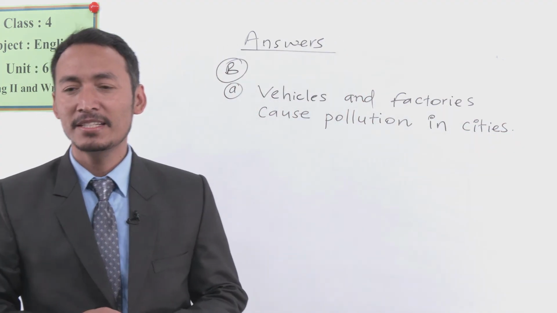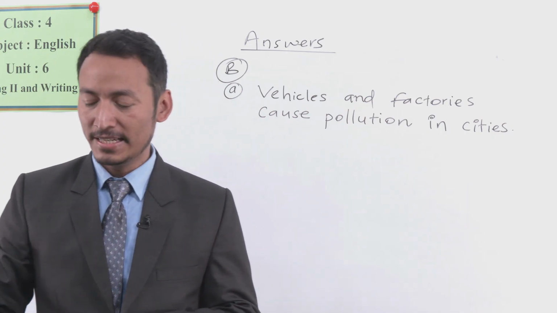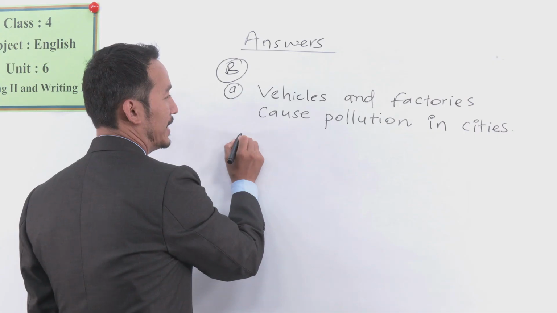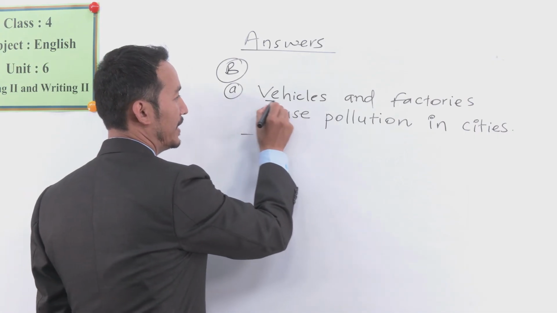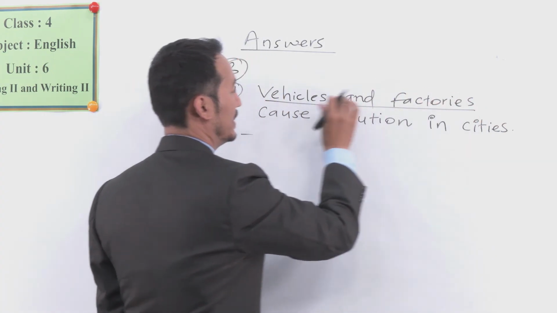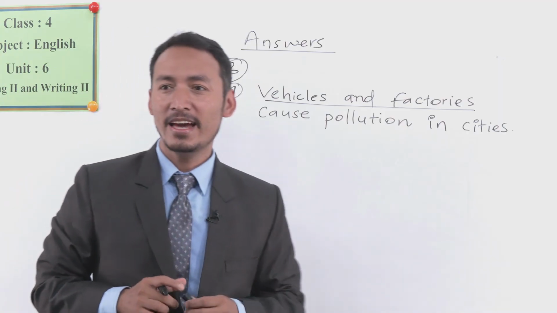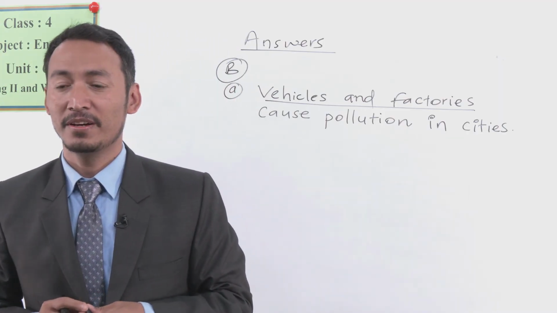If you can't write the full answer, you can even write simply vehicles and factories as well. If you can't write the full sentence, you can simply write this much as well, because this is the key answer for our question.